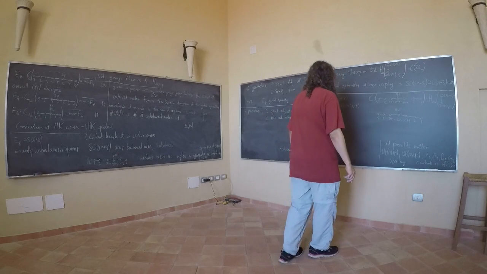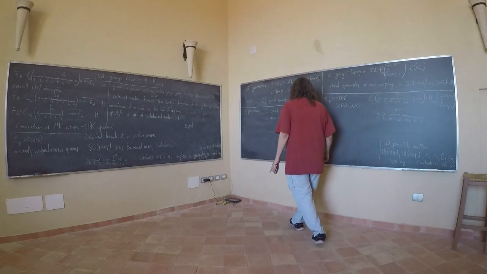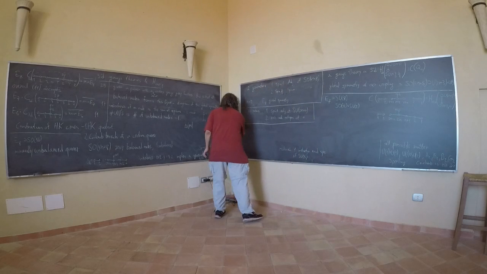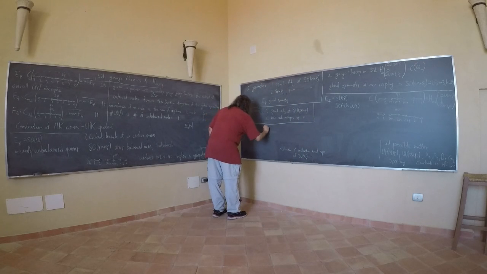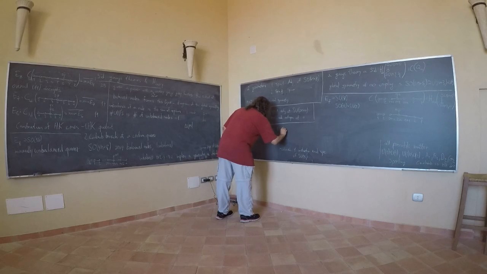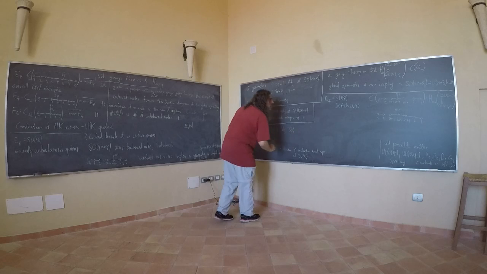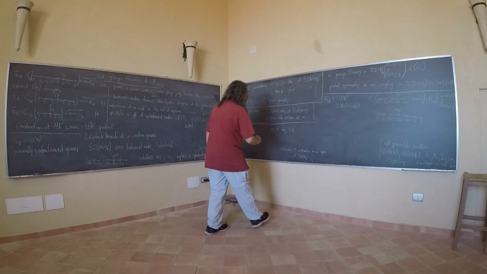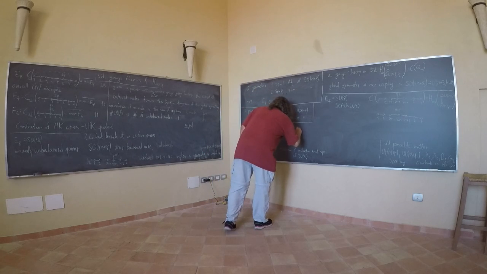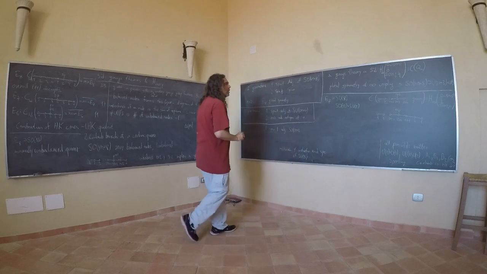And so the statement here tells me that I have spin 1 in the adjoint of a product group. It's SO(2n plus 2) times SO(4n plus 1).